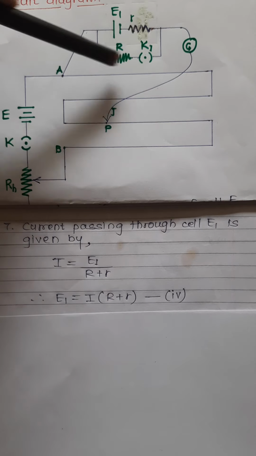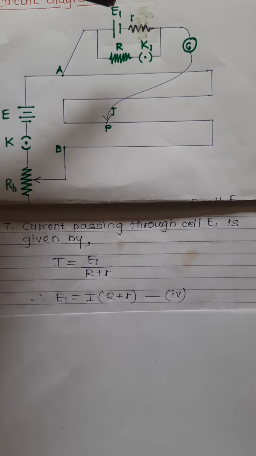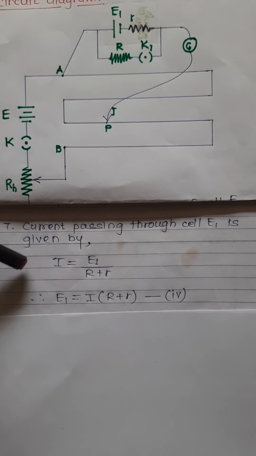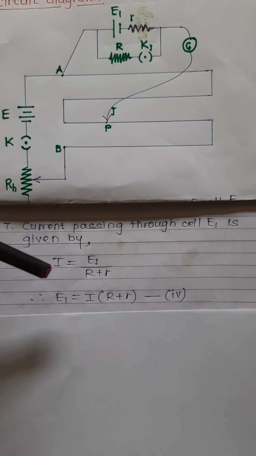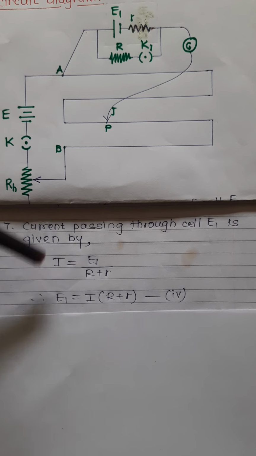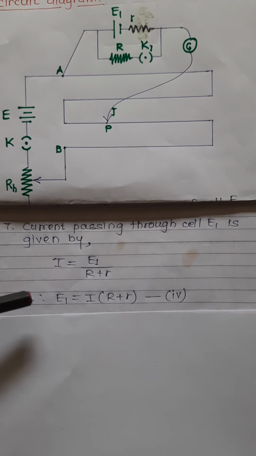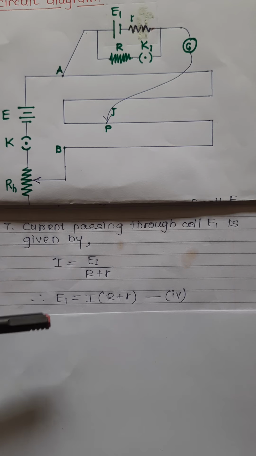Now see, when current is passing through this part of the circuit, the current passing through it is given by formula I is equal to E1 upon R, external resistance, plus internal resistance small r. This part we have seen in previous standard. Therefore E1 is equal to I in bracket capital R plus small r.